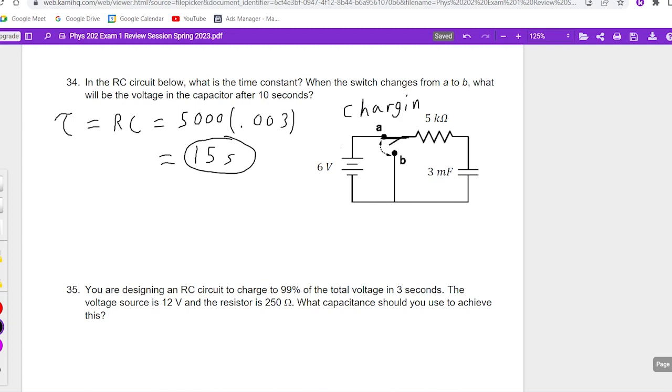But then we switch to position B, and position B is a discharging position. Why? Because you're no longer connected to the battery anymore. As a matter of fact, because there's this open gap right there, it's as if the 6-volt battery source isn't even there anymore. And so at point B, we are discharging, which means we are going to use the discharging equation, which isn't too bad at all.